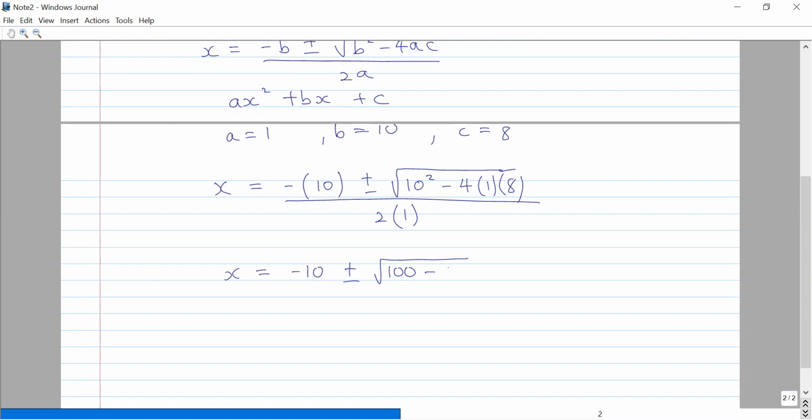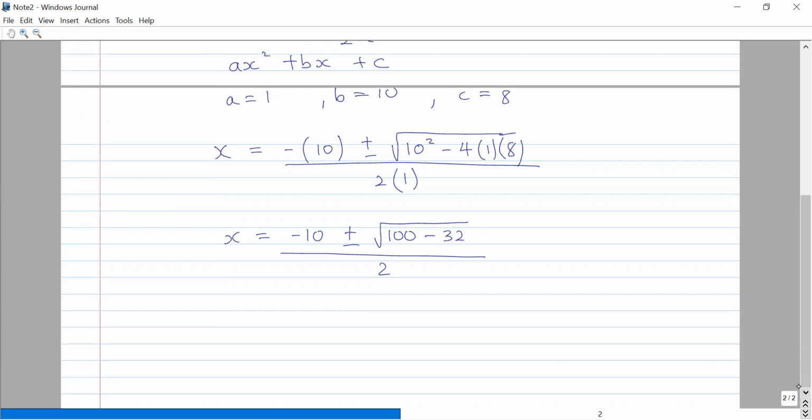So it's 32, divided by 2. So x is equal to minus 10 plus or minus square root of 100 minus 32, which is 68.